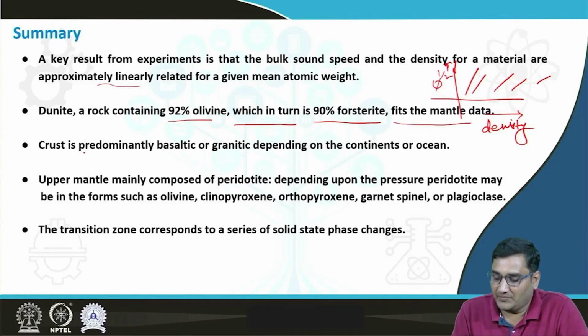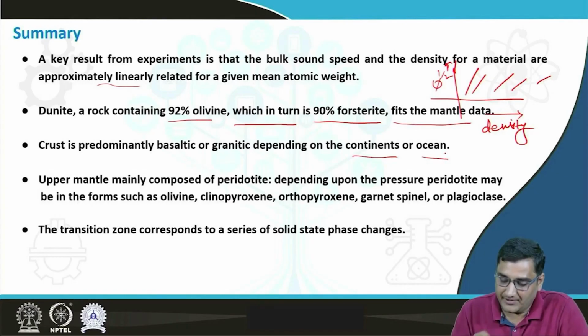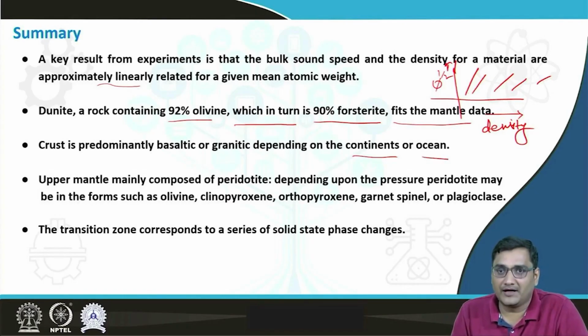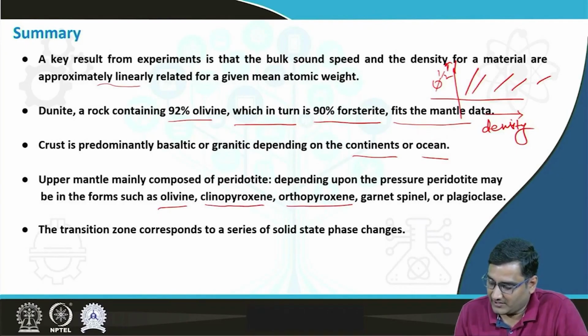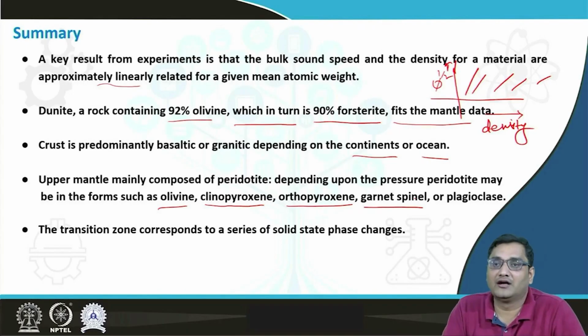The crust is predominantly basaltic and or granitic depending on the continents or the ocean. The upper mantle is mainly composed of peridotite, and depending upon the pressure variations, peridotite may form other minerals such as olivine, clinopyroxene, orthopyroxene, or, in the presence of garnet, spinel or plagioclase.